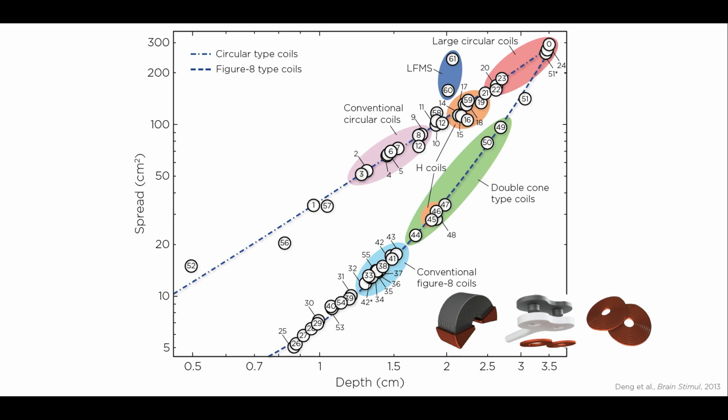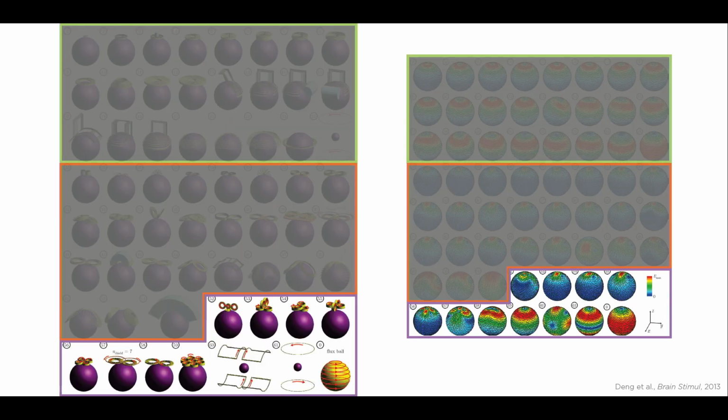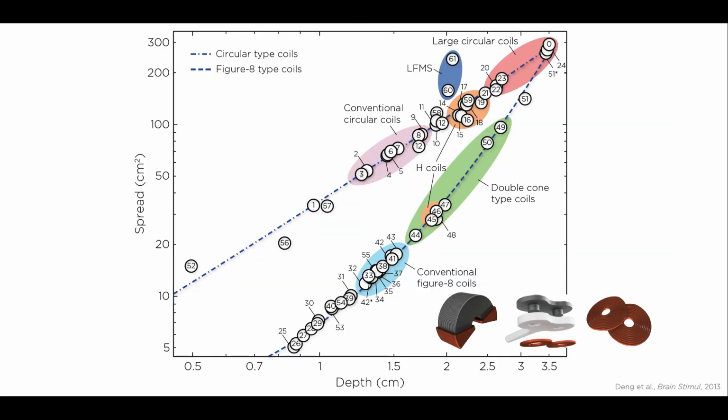And at the deepest point of the depth curve, both coil types converge to this coil 0, which, if we go back one slide, is what we called in physics a flux ball. This is a configuration in which you wrap the whole head with wire. So don't try this at home. But that represents the theoretical limit to the depth of stimulation of TMS.